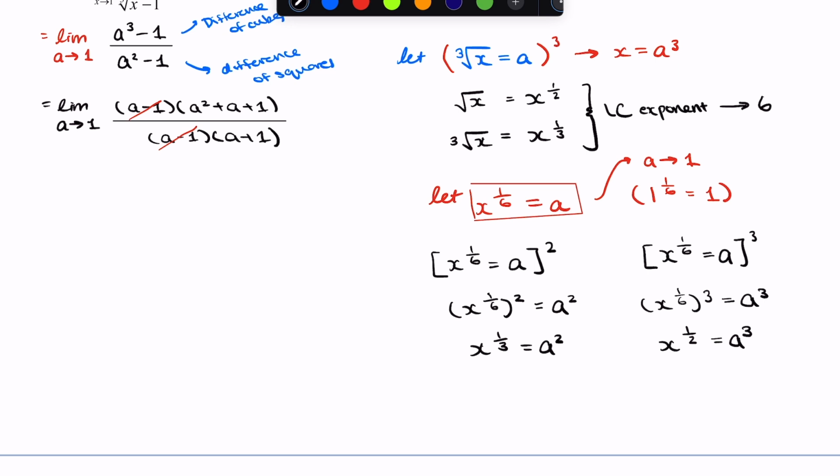I'll be left with the limit as a approaches 1 of a squared plus a plus 1 over a plus 1.